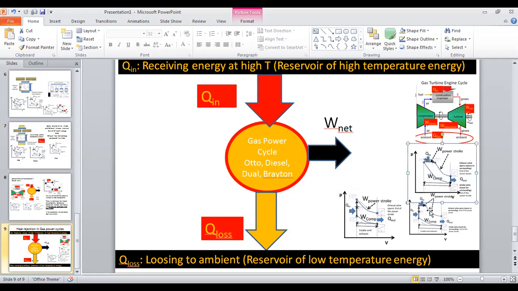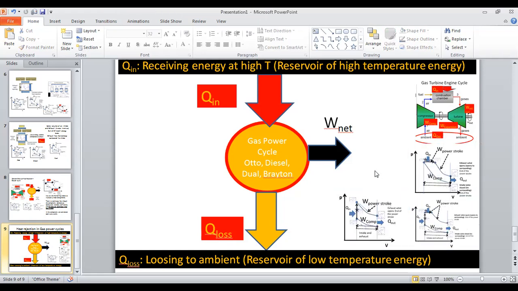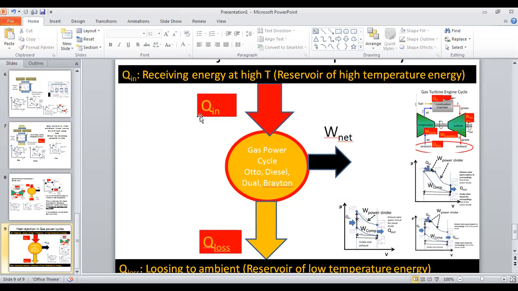Once you see the graph, you can recognize this. Okay, all the four, this is the situation. Even for steam power plants, this is the same. So this is a reasonably good model that you should understand.